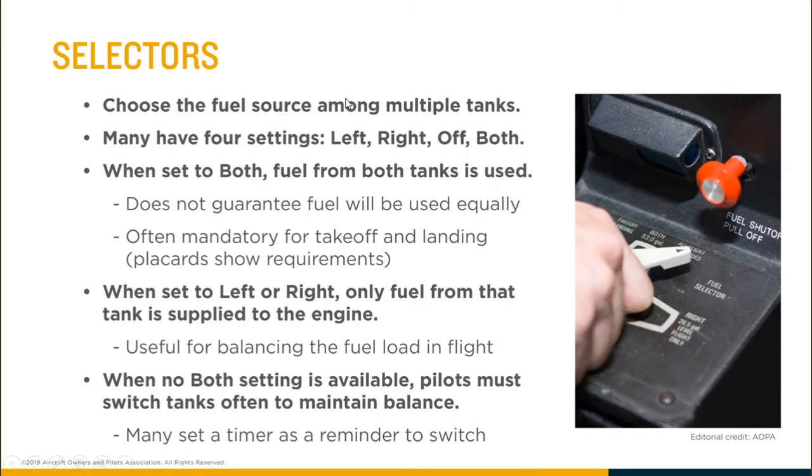If you are just using the left, then the engine's only going to use fuel from the left side. If you've got it turned to right, it's only going to use fuel from the right side. And if you have it selected to both, it'll use both.